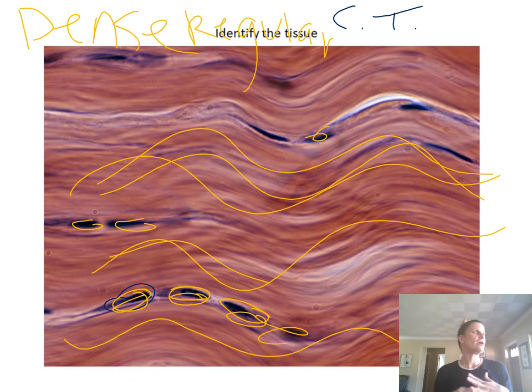This is what you would find in your ligaments and tendons, because those are stressed and pulled on in very specific directions. You know that the tension on a ligament right here is going to get pulled like this, so you orient the collagen fibers in that direction. It's really predictable.